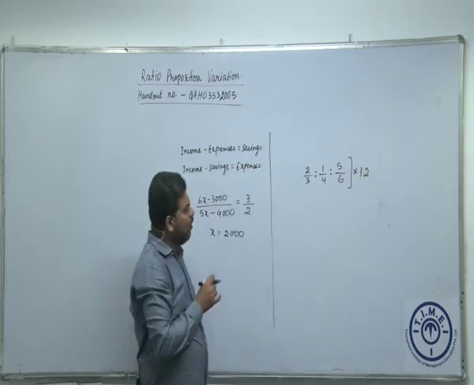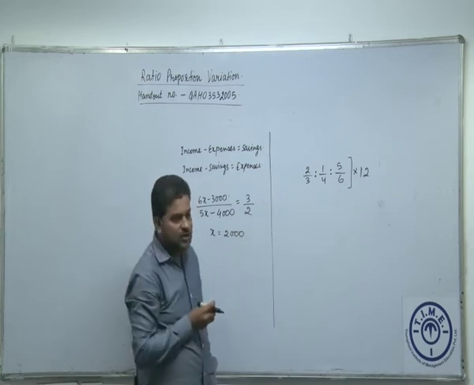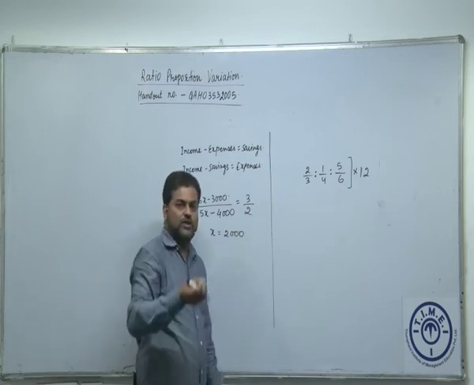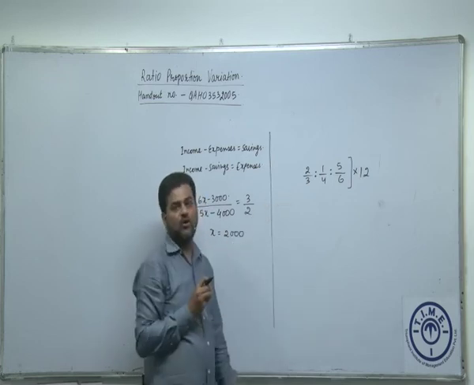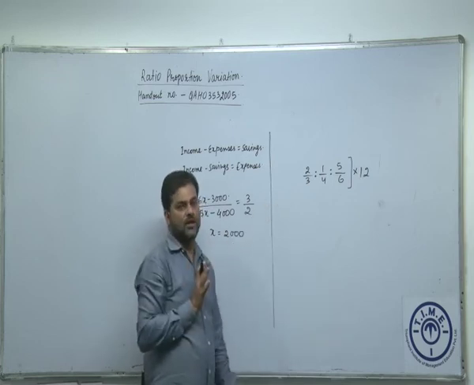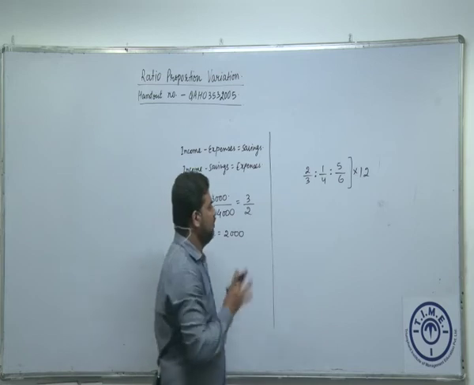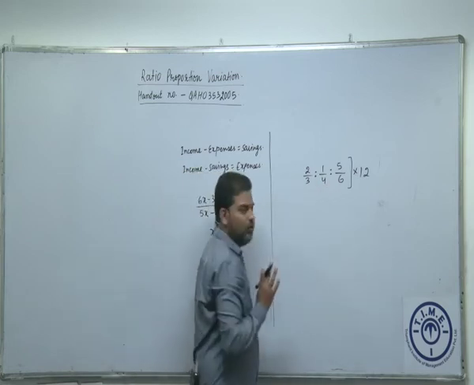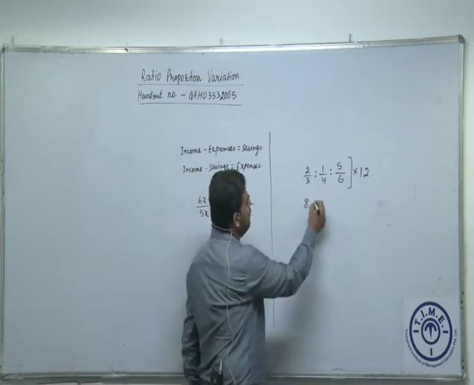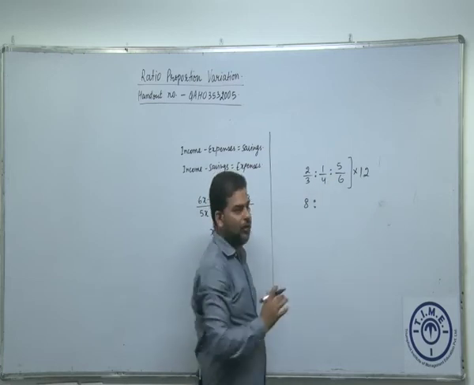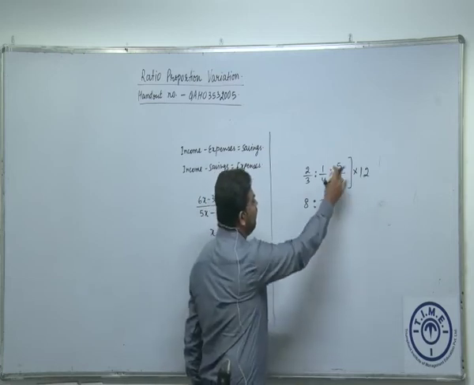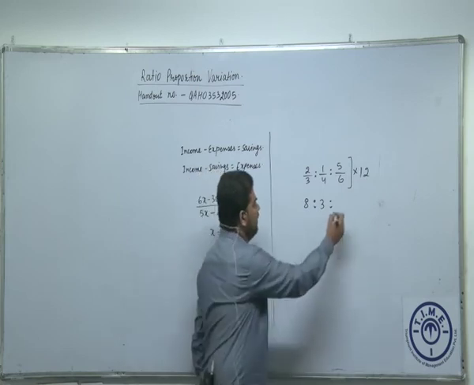Okay? If I multiply throughout by 12, will my ratio not change? No, it won't change because you are multiplying all the terms by the common number 12. We have learnt in the beginning that the ratio is not going to change. Fine. So 2/3 into 12, what do I get? 8. 1/4 into 12, what do I get? 3. And 5/6 into 12, what do I get? 10.